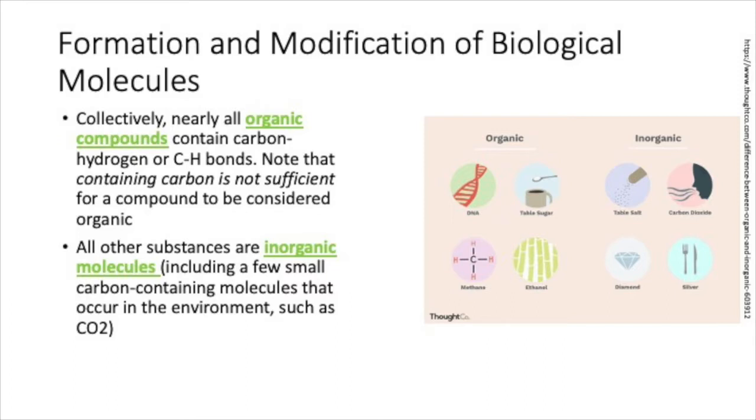Nearly all organic compounds have to contain those carbon-hydrogen bonds. So we kind of talked about this during lab. Organic specifically means that it has to contain carbon, but it also has to have those hydrogen bonds involved.